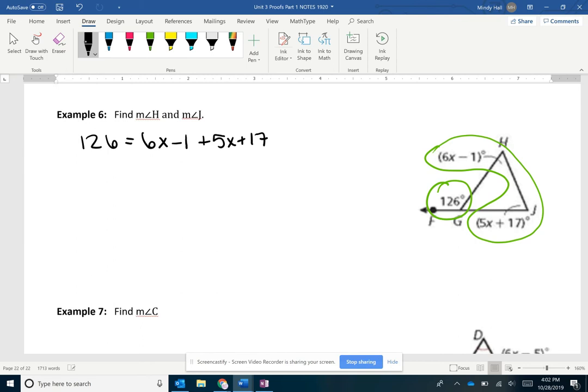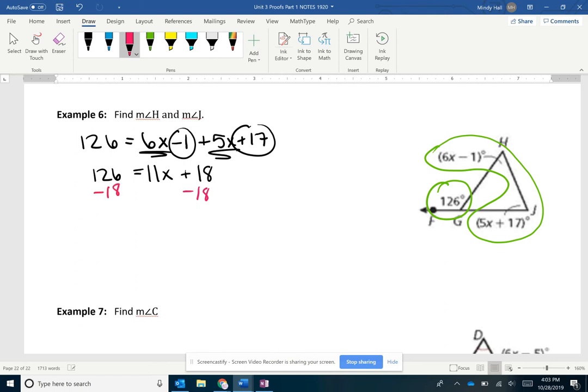And so when you combine your like terms, we would have this 6x and 5x, which is 11x, and negative 1 plus 17, which gives us 18. Okay, so then to get this to move away from the x, we're going to subtract 18, which gives us 11x equals 126 minus 18, which is 108.